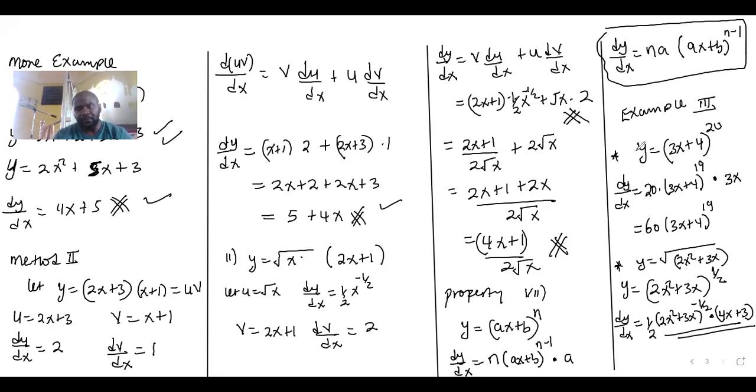So the other example where you got 2 square root of x. Yeah, how you got 2x plus 1 divided by 2 square root of x. Do you know how I got this one?